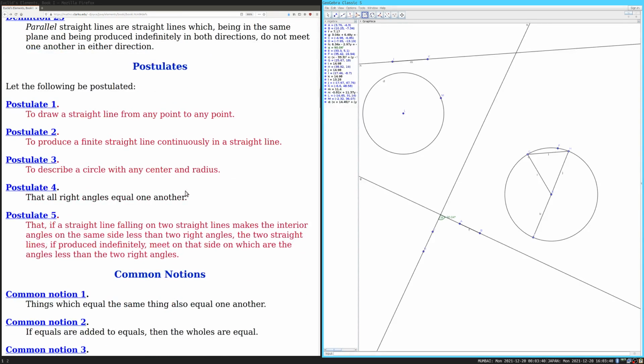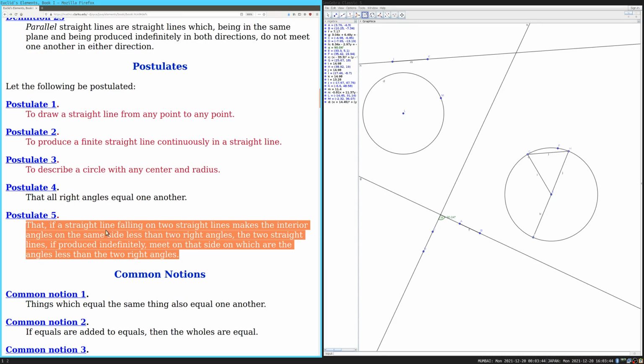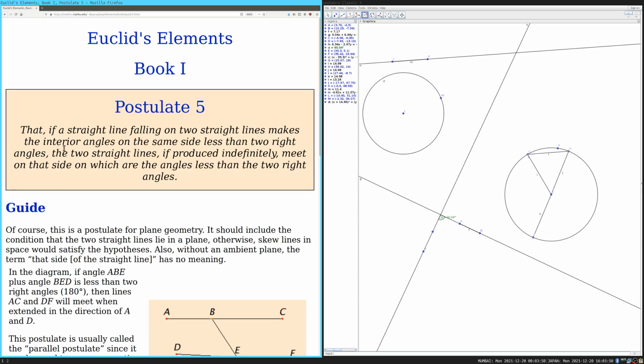And then postulate 5: that if a straight line falling on two straight lines makes the interior angles on the same side less than two right angles, the two straight lines, if produced indefinitely, meet on that side on which the angles are less than two right angles. This is really confusing, let's look at this.